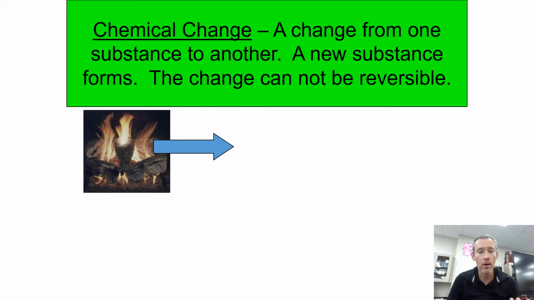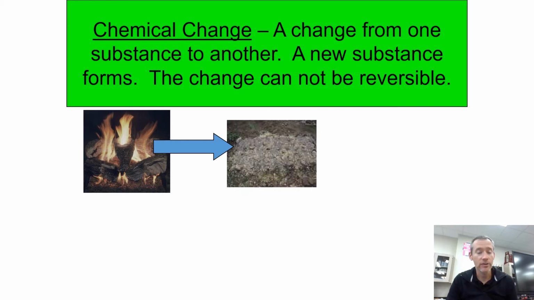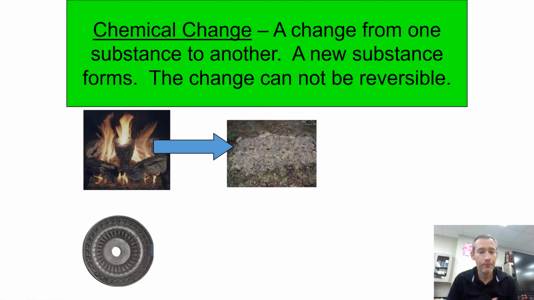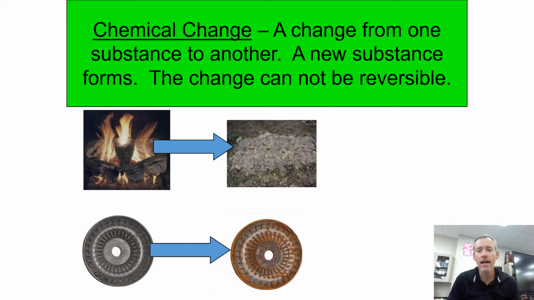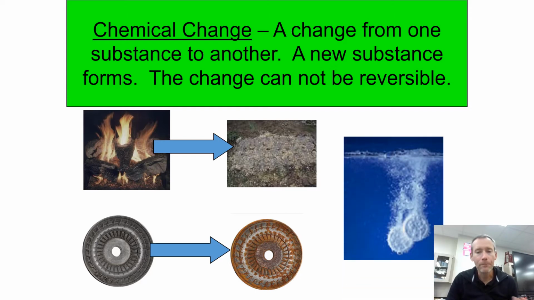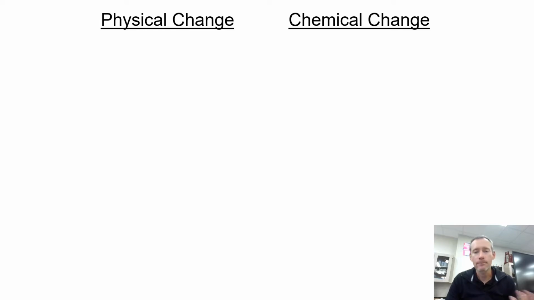Chemical changes are not reversible, so if I burn wood, it's going to turn into soot or ash, and it cannot be created back into wood. Something that rusts, I can do a chemical change to get back to it, but I cannot physically put it back into its original state. Same thing with gas, you cannot collect it.